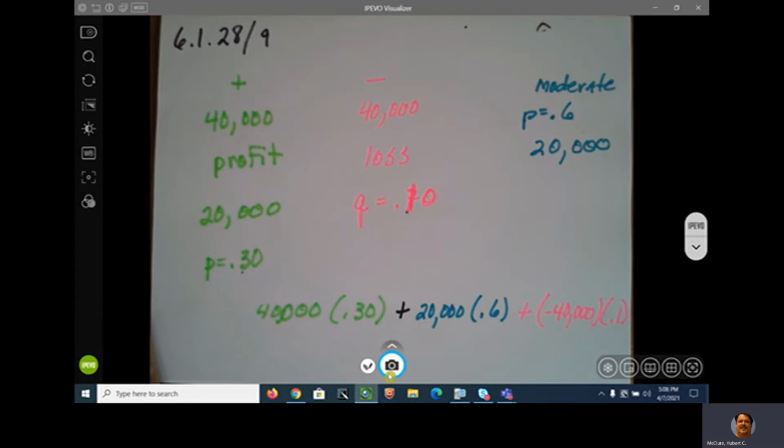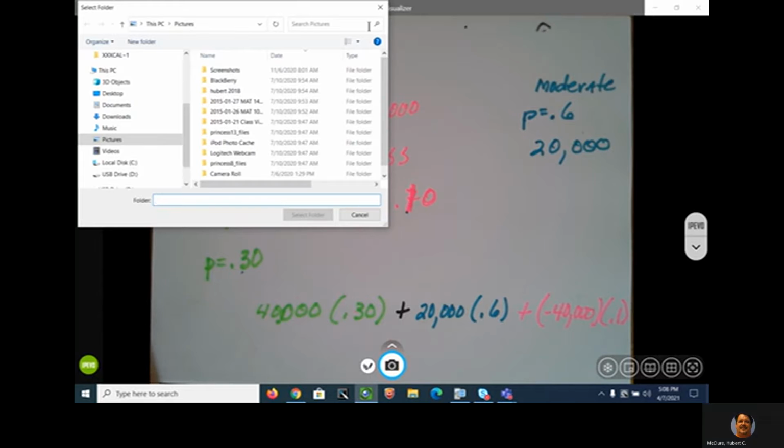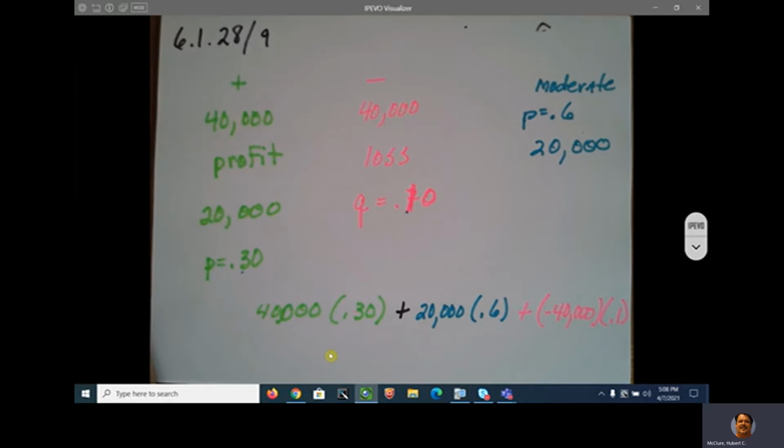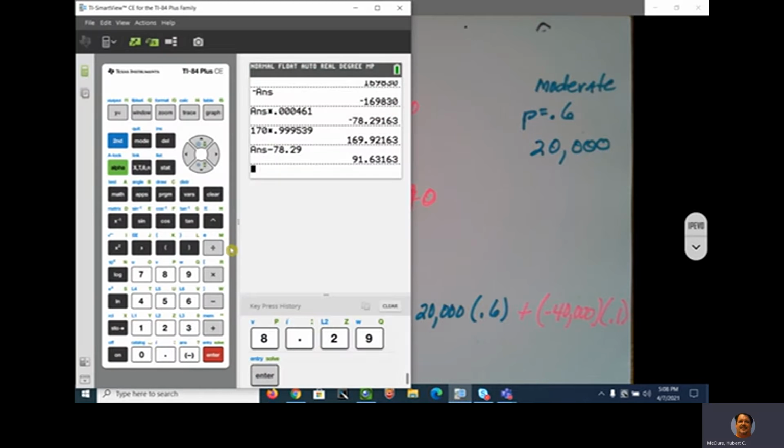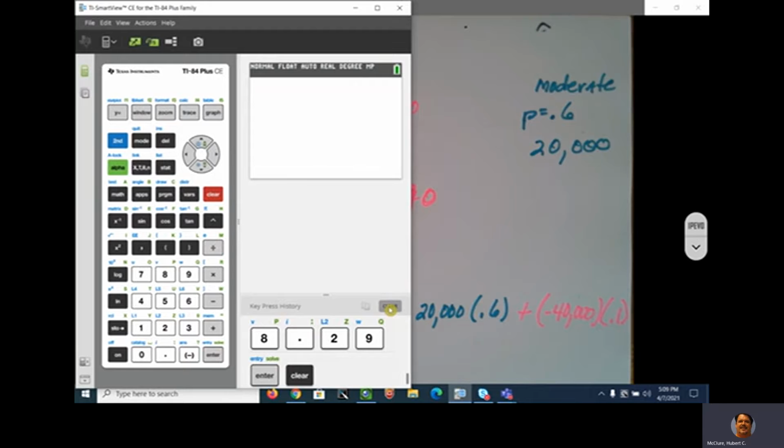Take your handy dandy calculator. And that's going to be, let me type it in, clear and clear. 40,000, let me do it in parentheses, so I don't have to do it separately. 40,000, that's 400,000. Those zeros start to run together.